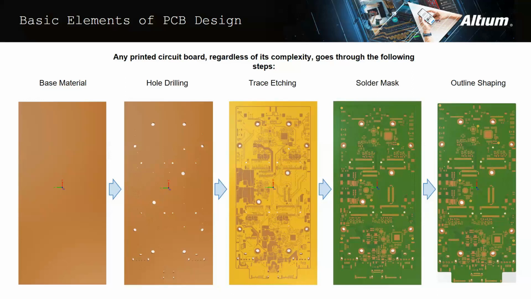The final step for any PCB is to make non-plated holes, cutouts, and outlines. I have deliberately omitted a number of steps in the PCB production process and have highlighted only those that are important to this webinar context. Please do not take the information on this slide literally as instructional material on PCB manufacturing technology.